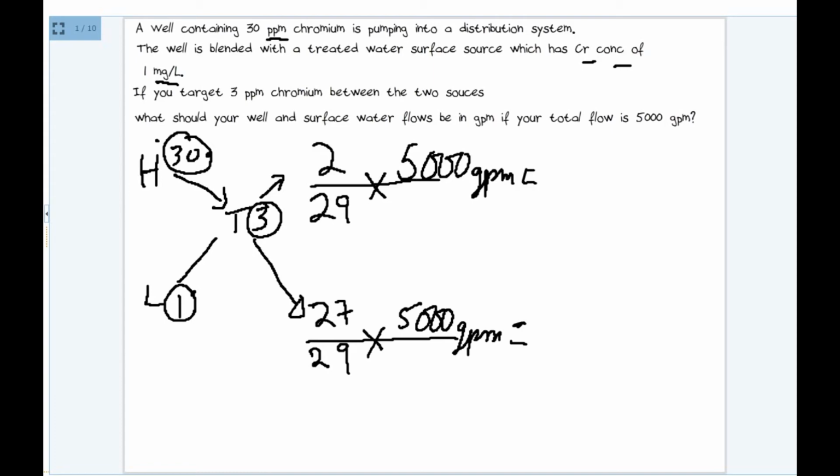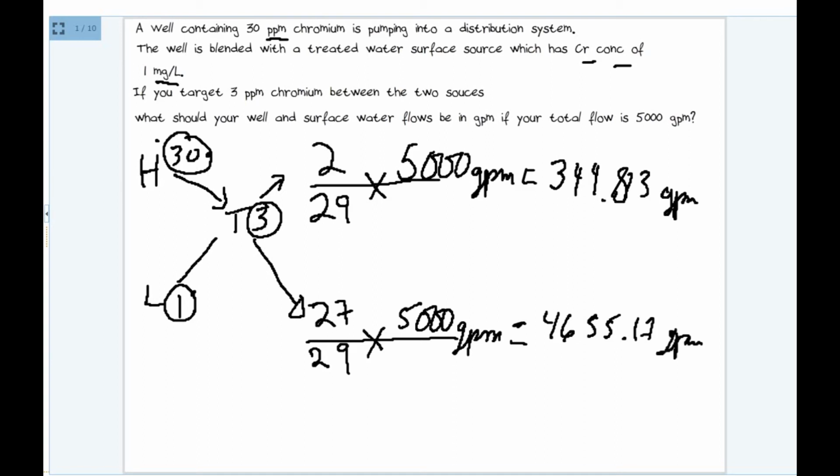So I get 344.83 GPM on the top. And on the bottom, I get 4655.17 GPM.